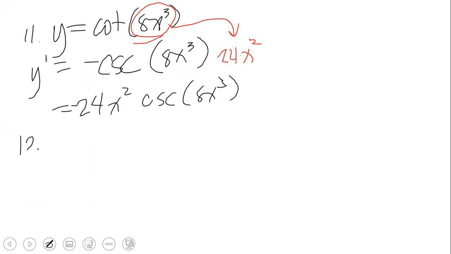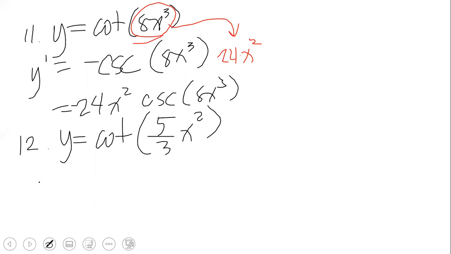Tapos let's have last item which is y equal to cotangent 5/3x squared. So y prime natin. So the derivative of cotangent is negative cosecant, yung angle natin. Kopyahin, 5/3 x squared.